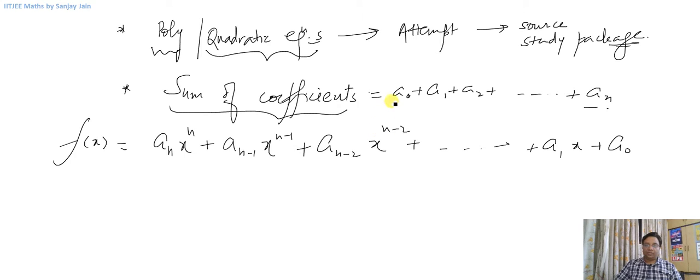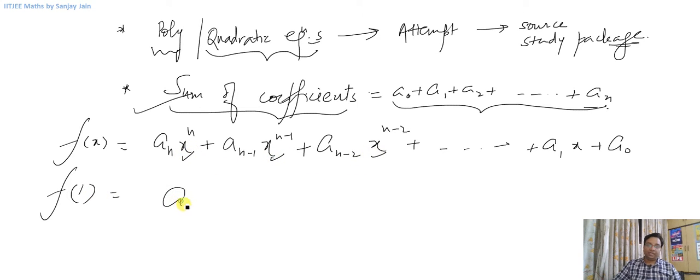Then what you need to do is simply replace x with 1. f of 1 will give you the required sum of coefficients, because when you replace x with 1, every power of x will become 1, and you will get the required sum of coefficients.